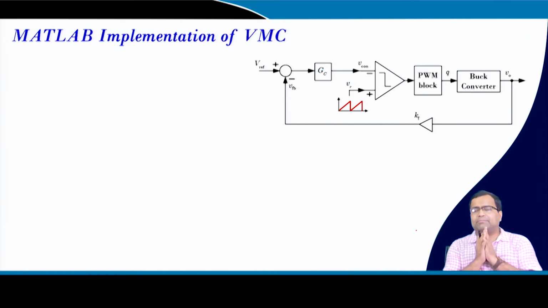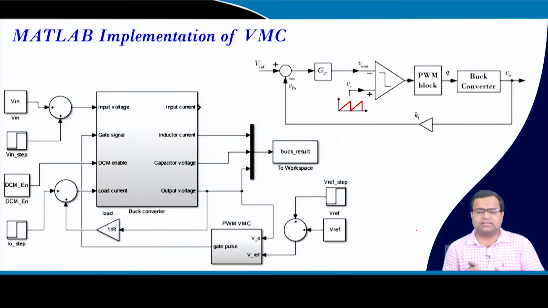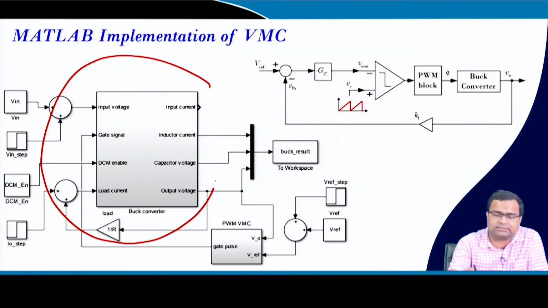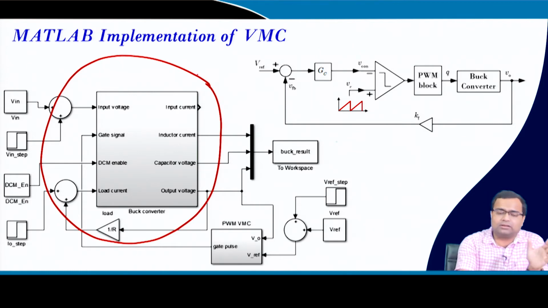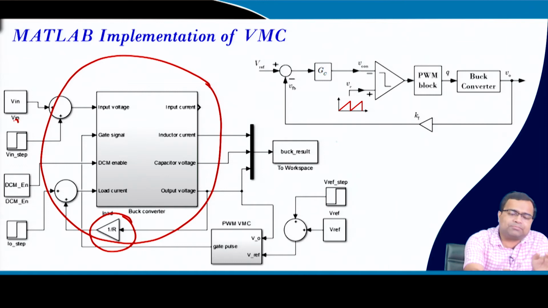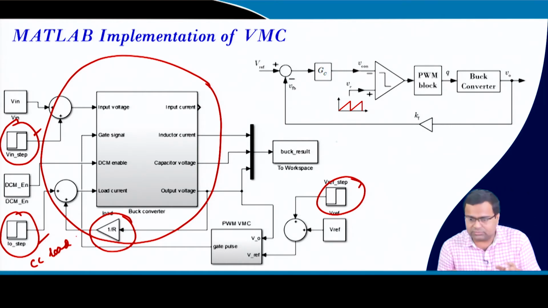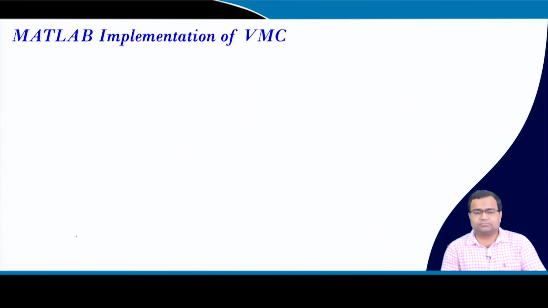So, now the MATLAB implementation of voltage mode control, I think we have discussed. This block we have already simulated; this is our buck converter with resistive load, and we are considering additional transients: load step transient, supply transient, load transient, then reference transient. Here we are using a constant current load, okay, for the load transient, and this is the block diagram.